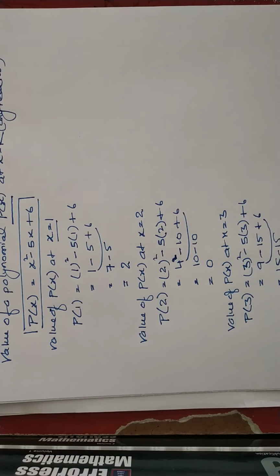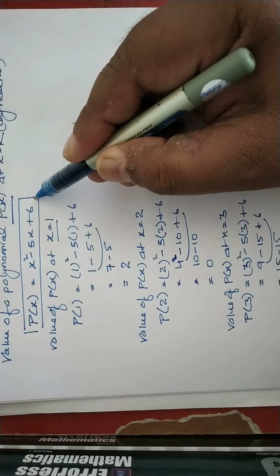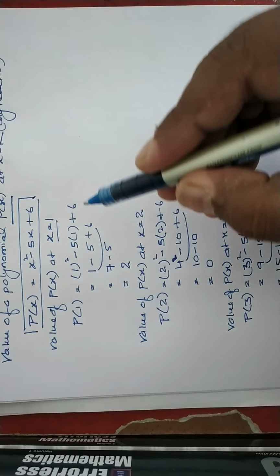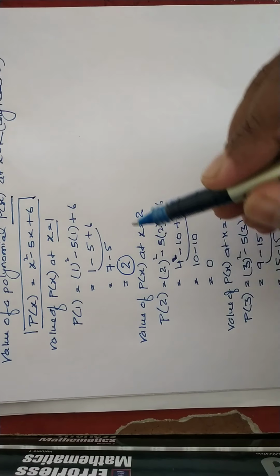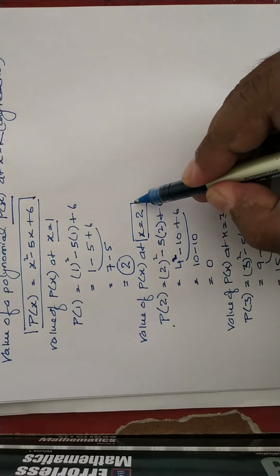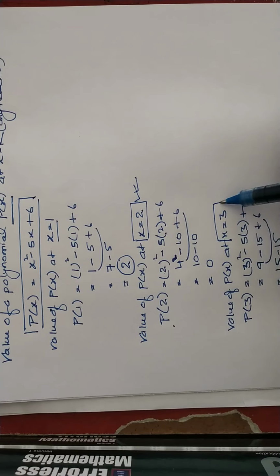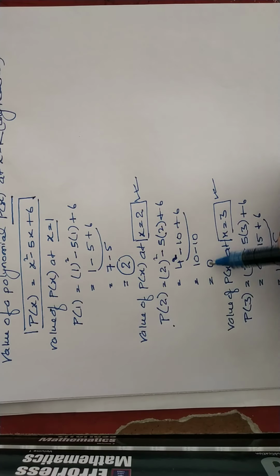So what we have seen, the value of this polynomial p(x) which is equal to x square minus 5x plus 6 at x equal to 1, its value comes out to be 2. But for x equal to 2 and for x equal to 3, the value of this polynomial reduces to 0.